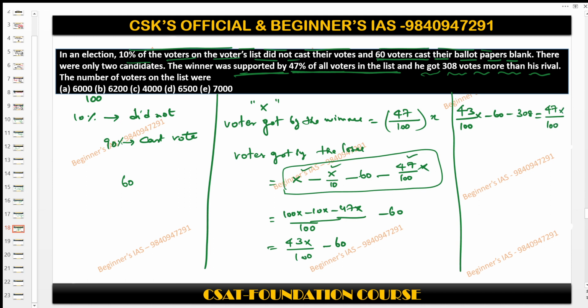Am I right? Understood this logic? Yes. Okay. Now 47x by 100 minus 43x by 100, then you can calculate this one. So in this situation, the 60 we have to add or subtract.